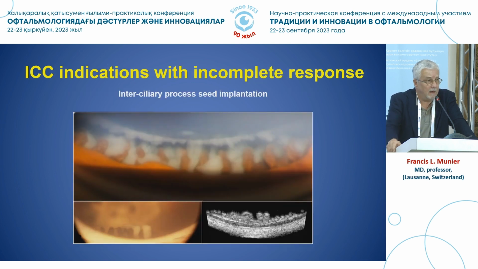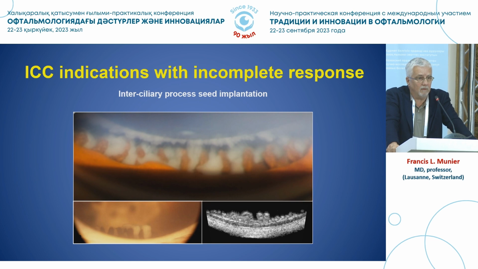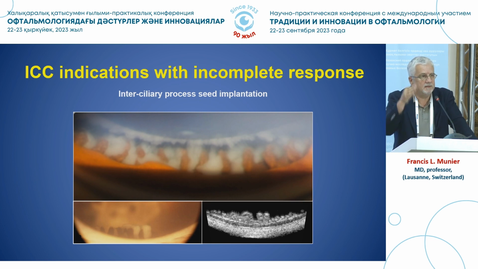But I have to say that if we have this type of implantation of the seeds between the ciliary processes, it's an interciliary process implantation, the intracameral chemotherapy is not enough to control the disease. You have to put a radioactive plaque.